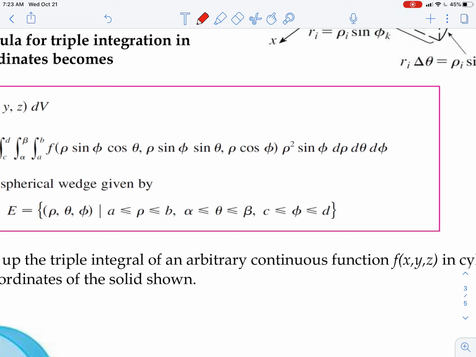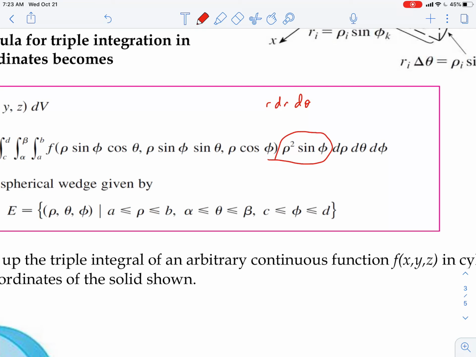And so the last thing that I want to talk about is, okay, that's how you set it up. But you know how, when we're doing polar coordinates and we're changing to r's and thetas, we always have r dr d theta for a double integral. We have to always add that in, and also with spherical.